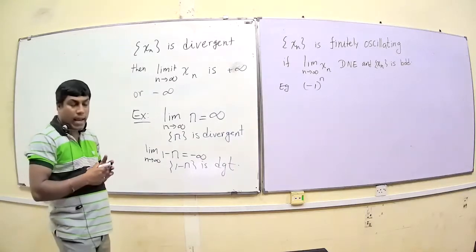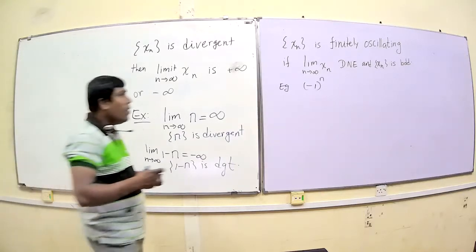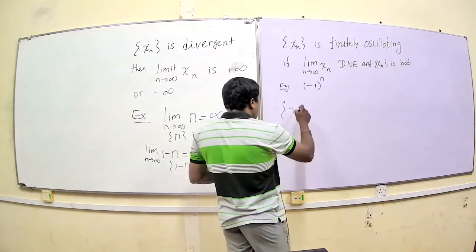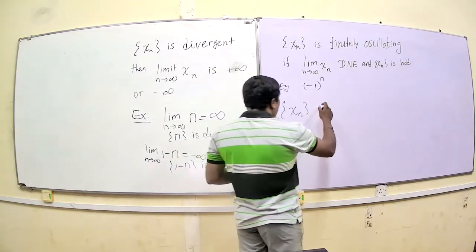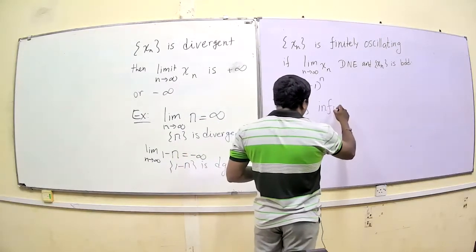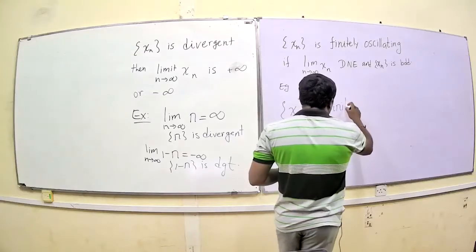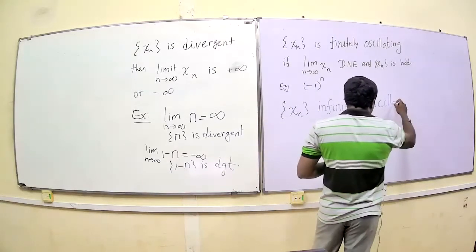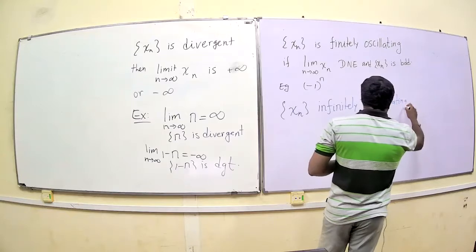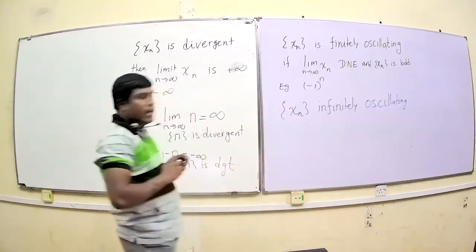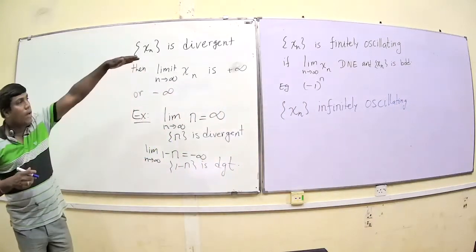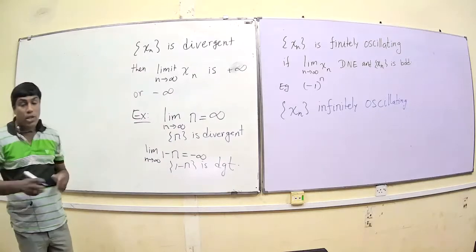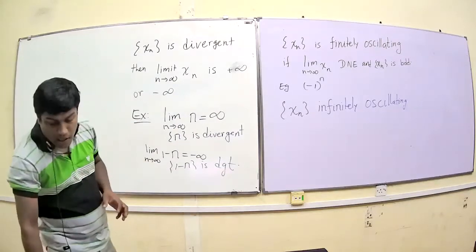So now, what is infinitely oscillating? We have finitely oscillating, so the opposite of that should be infinitely oscillating.